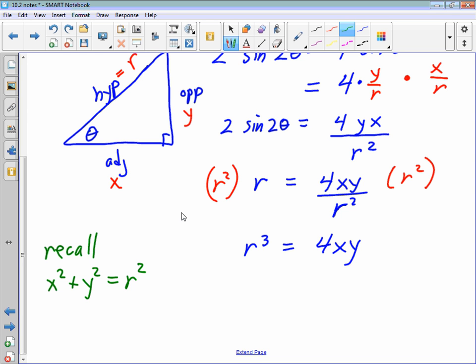So now instead of r squared, we can substitute in the x and the y. We can say the quantity x squared plus y squared, cubed, equals 4xy. Looking good.